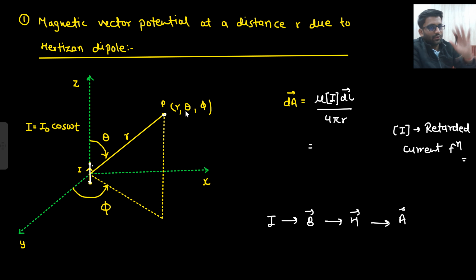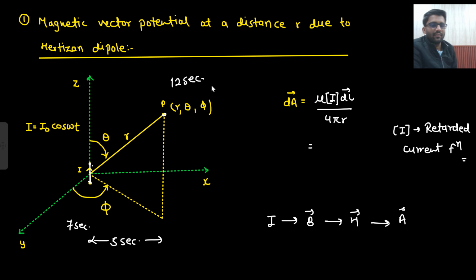Point P is very far, so certainly it will take some time to reach there. Let's just say the wave was generated at 7 seconds. To cover this distance r, let's say it takes 5 seconds. After 5 seconds it reaches here, so it is reaching at 12 seconds.